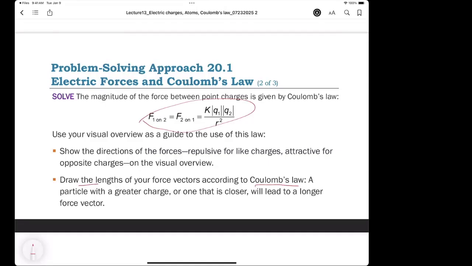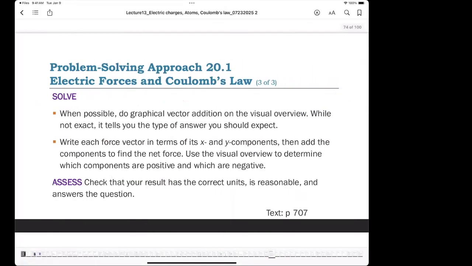A particle with a greater charge or one that is closer will lead to a longer force vector. I think this is obvious, based on this equation. When possible, do graphical vector addition on the visual overview. While not exact, it tells you the type of answer you should expect. Write each force vector in terms of its x and y components.